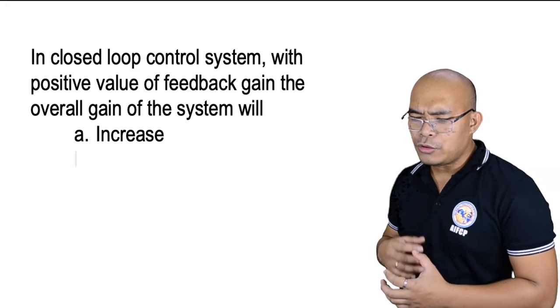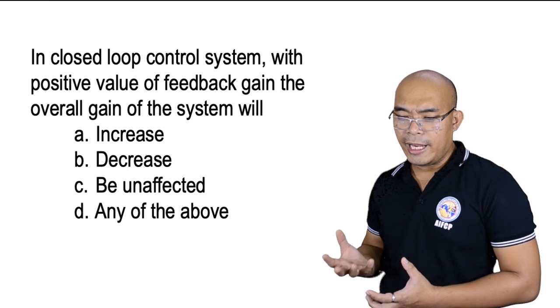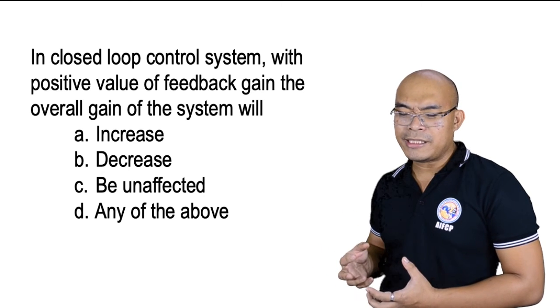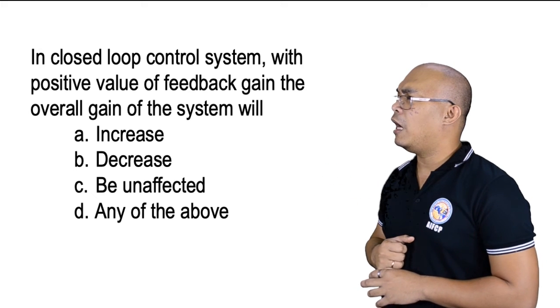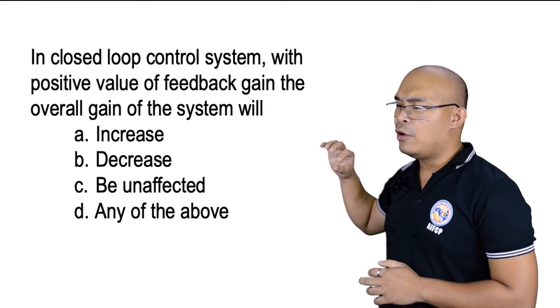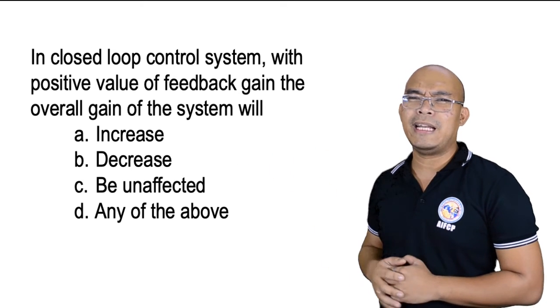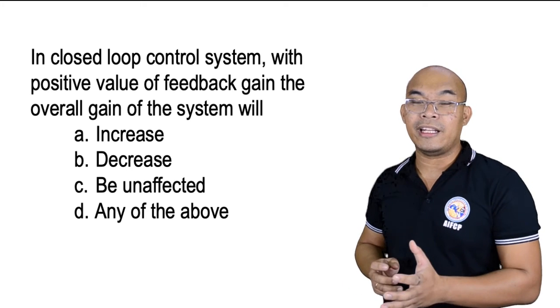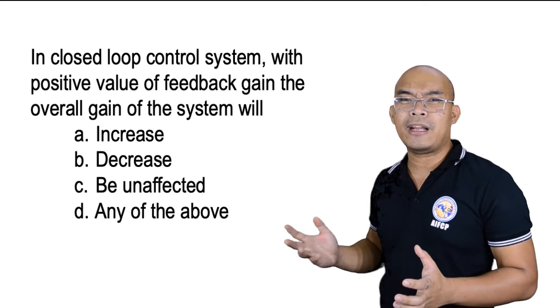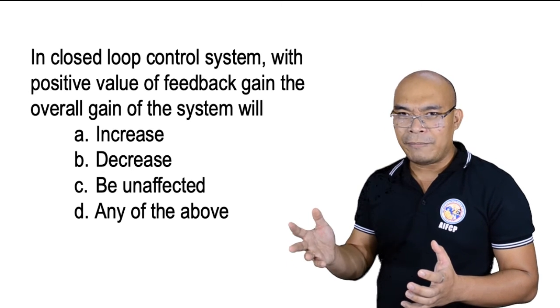Okay? Next question is, in a closed loop control system with a positive value of feedback gain, the overall gain of the system will be... So kung positive yun, ibig sabihin, for example, yung set point mo is 60 degrees centigrade, and then yung na-measure mo na temperature dun sa system mo is, let's say, 65 degrees centigrade.